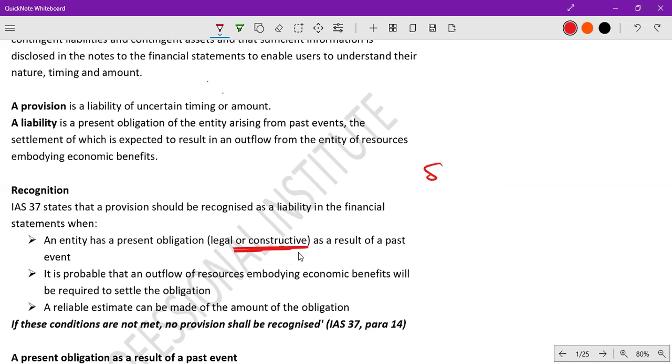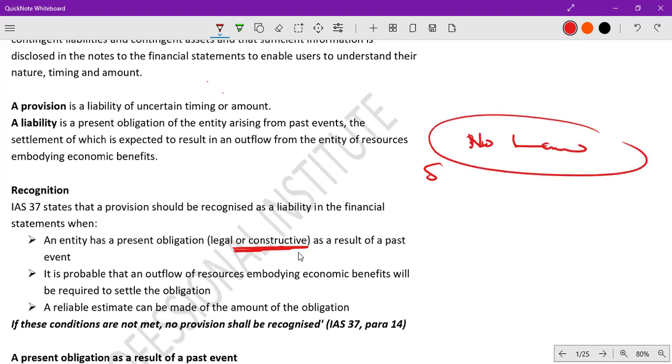Let's say mining. And then they have given S&D a concession for some time. Then, in the area where S&D operates, there is no law for S&D to reclaim the land at the end of its concession. No law.